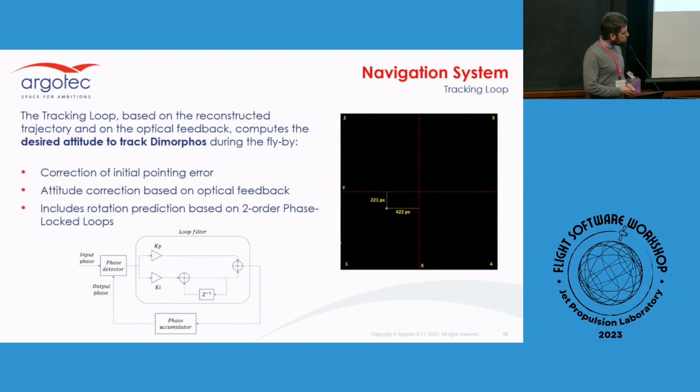Then we have the tracking loop, whose main role is to follow the trajectory on which the satellite is on in order to stare at the asteroids. If you think about the family of trajectories we've seen before, they're actually an output of a mathematical equation with some trigonometric functions.